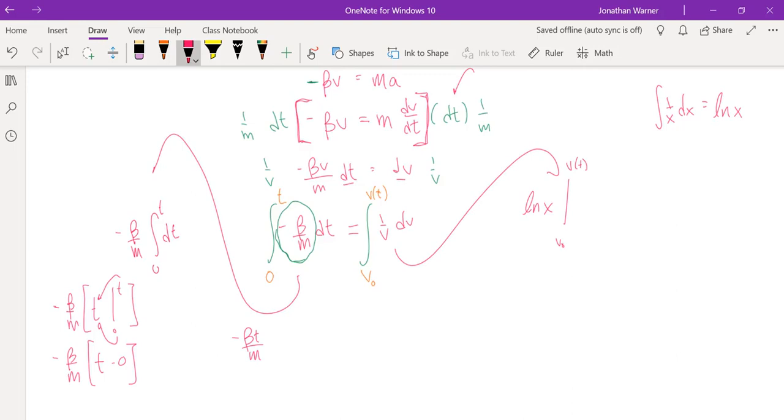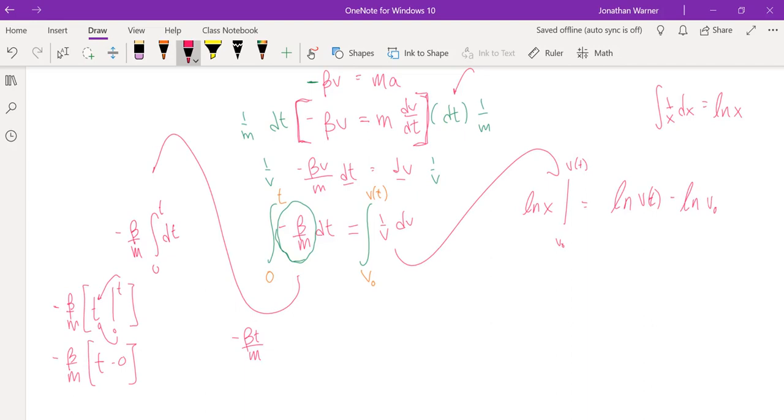Which means we evaluate at the top and we subtract when we evaluate at the bottom.